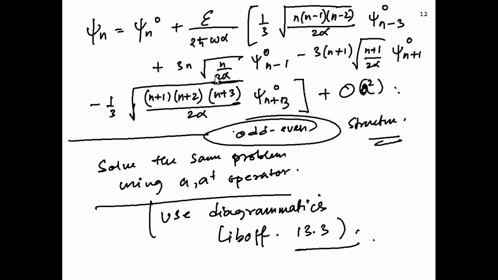If the perturbation potential were even, like x to the power 4 or x to the power 6, then the even terms would have contributed here. As I said, you can solve the same problem using the a and a dagger operators, which is another simple way to solve it, and one can even develop a diagrammatic language for solving it. I will not cover that, but you can look it up in Liboff, section 13.3.